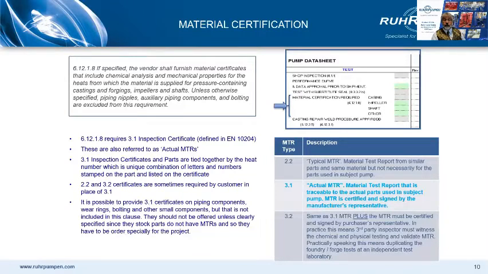Most pump manufacturers do not have their own foundries anymore, and they use commercial foundries. Rotor is one of those few that does have its own foundry, so we are better able to accommodate a request for 3.2s.